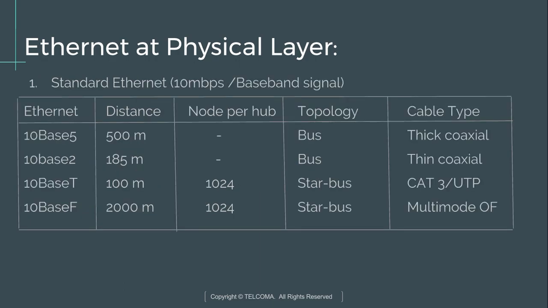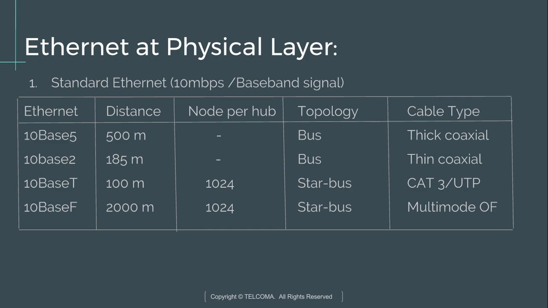Let's discuss first standard Ethernet, having the speed of 10 megabits per second, and it uses a baseband signal to transmit the data. The first Ethernet is 10 base 5, and it transmits signals over a distance of 500 meters and can connect many nodes per hub.